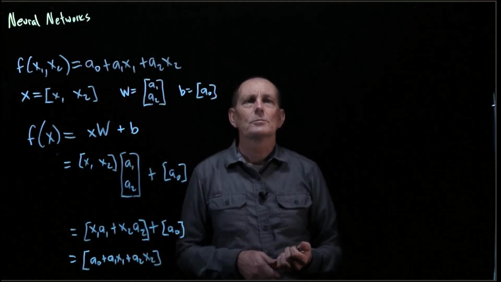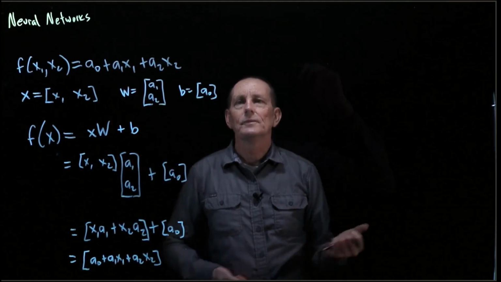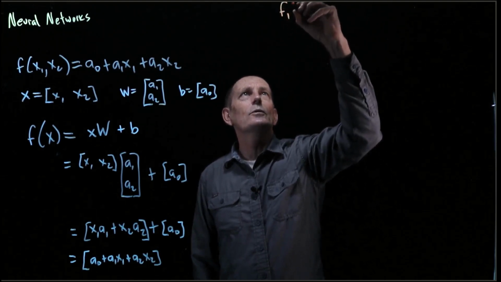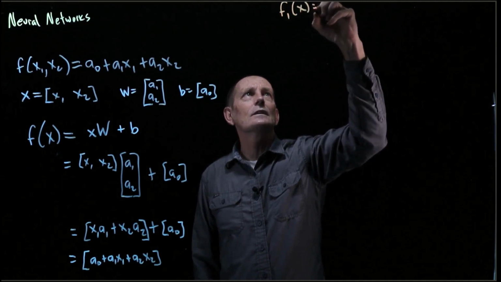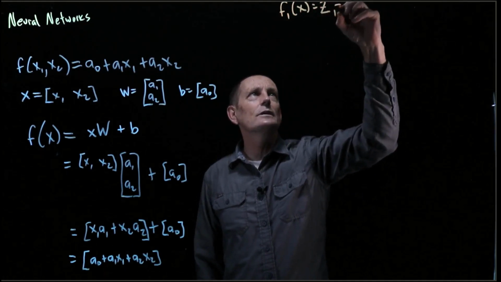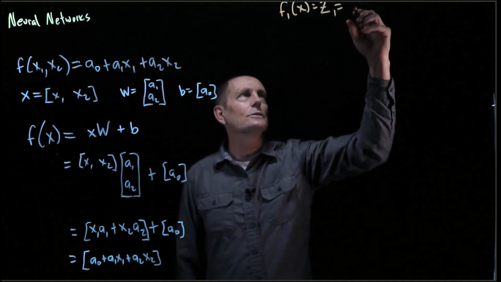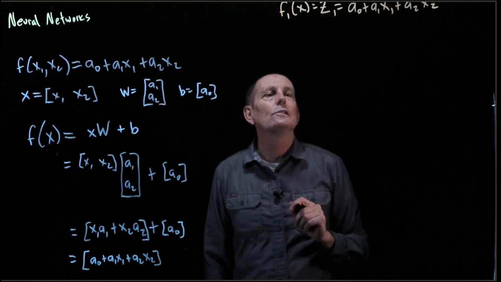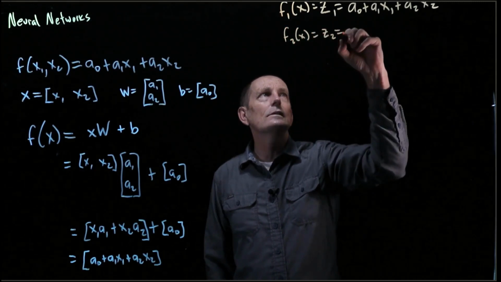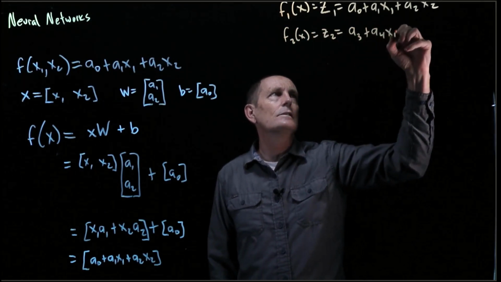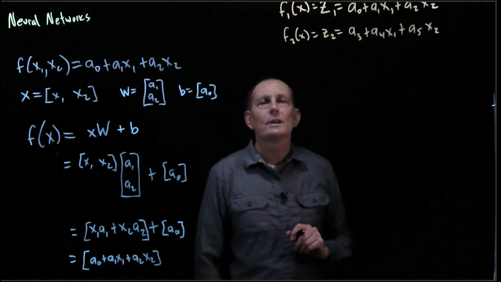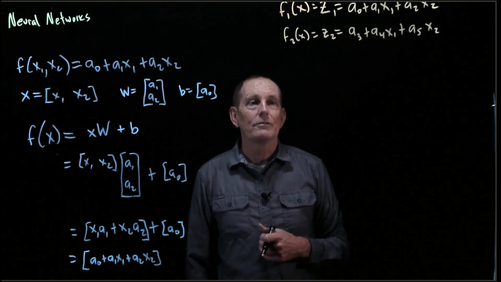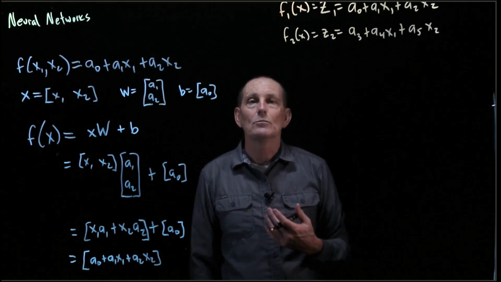We can also use this matrix approach if we want to have more than one output. So let's look at some outputs. Let's say we want to have f1 of x, which equals some z1, and that equals something like this. Okay, so we've got two outputs. Not uncommon, right? When we're doing neural networks, we might often at the end be generating more than one output.